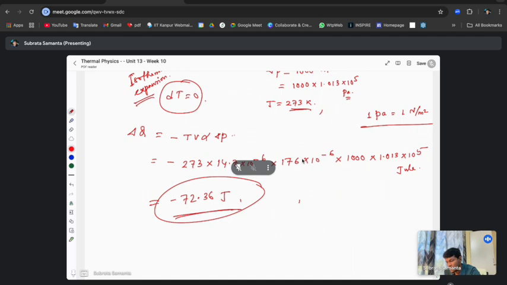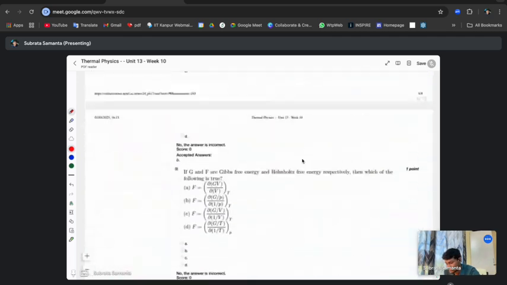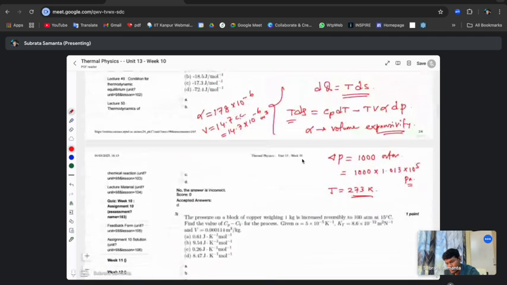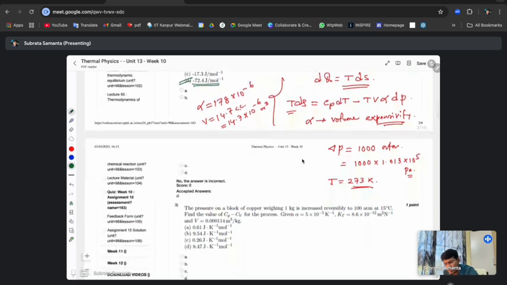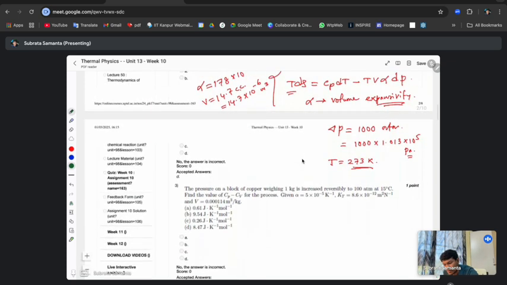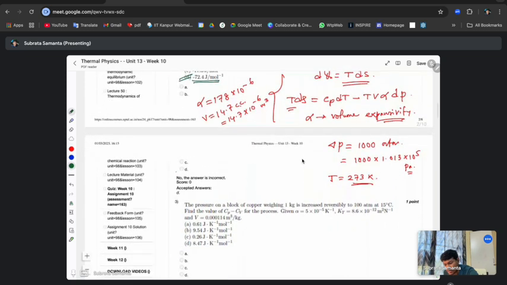So let's check the options. Minus 72.36 is very close to minus 72.4. So which option? Option D is correct.